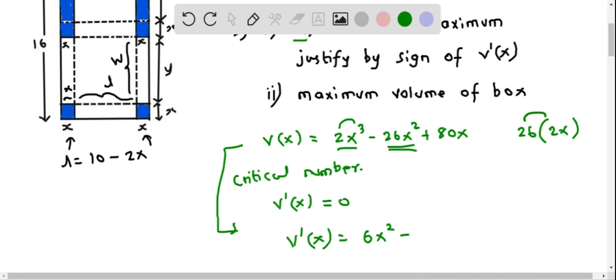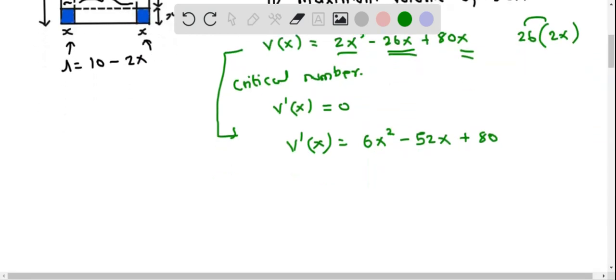So 26 times 2 is 52. So this becomes 52x. And finally, we have the derivative of 80x, which is 80 times the derivative of x, which is 1. So this is basically 80. So we found the derivative of the volume function. Now we have to set this equal to 0 and determine the value of x.